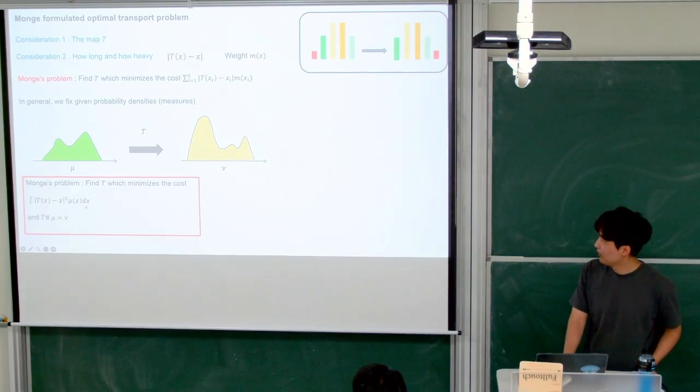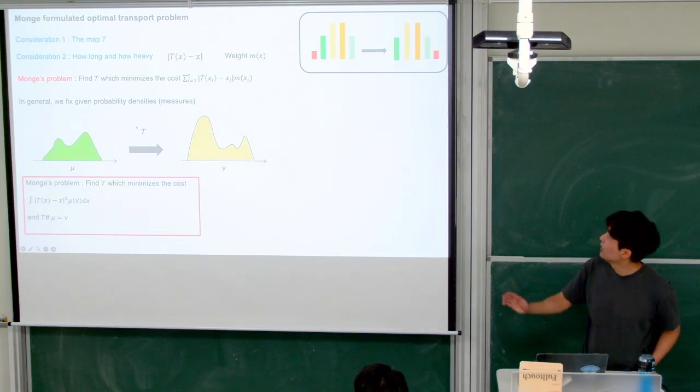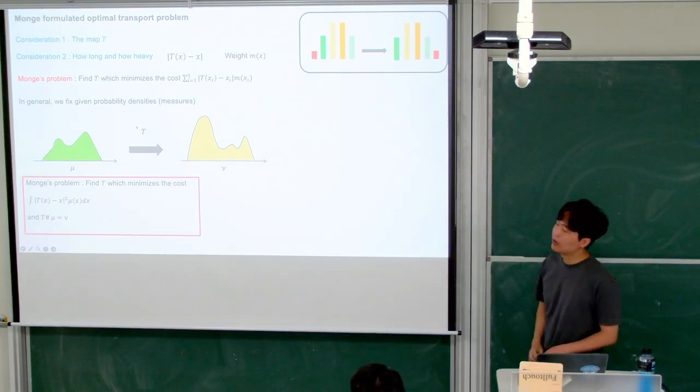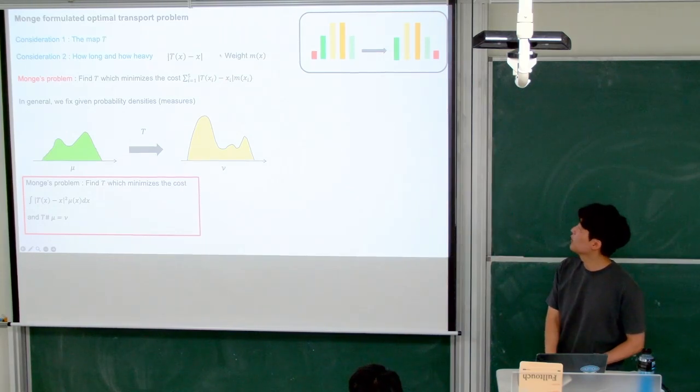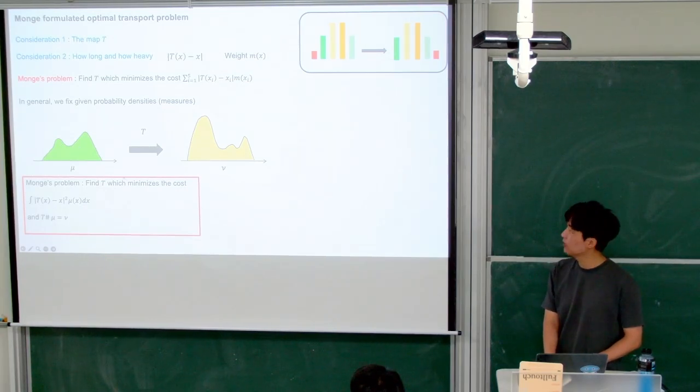As follows. So in the previous example, I gave you some discrete distribution, but generally, if you consider a continuous probability distribution, you can write it like this.